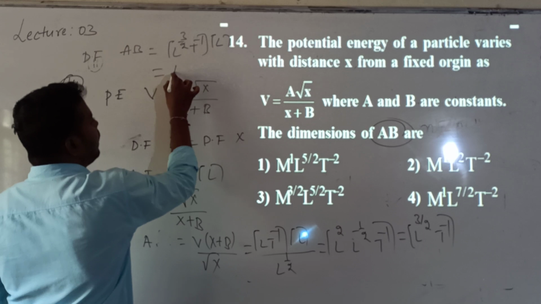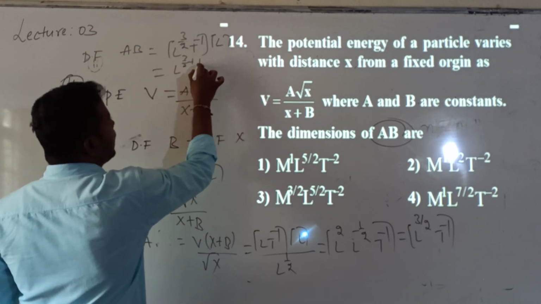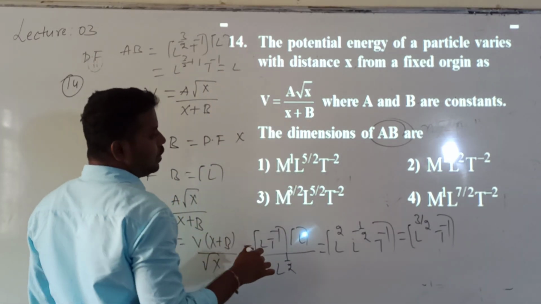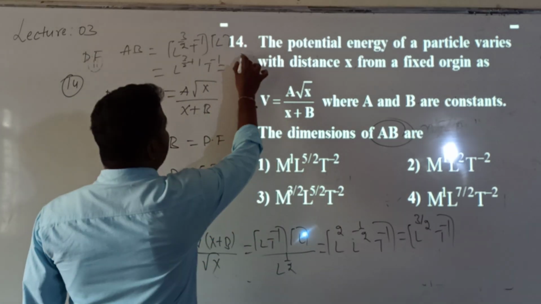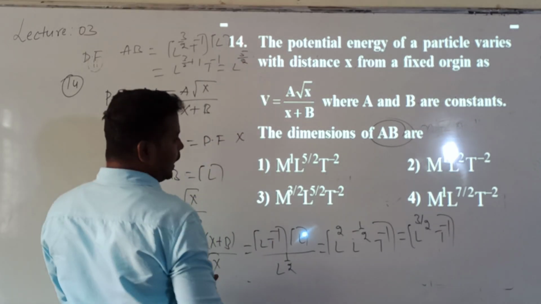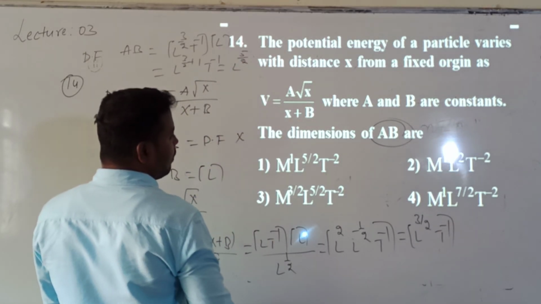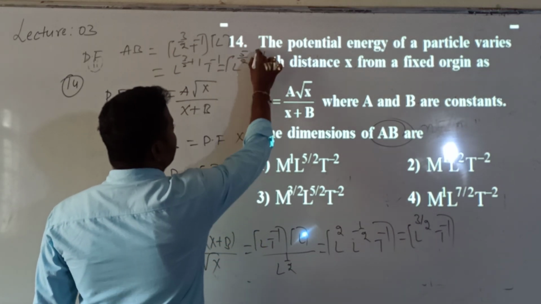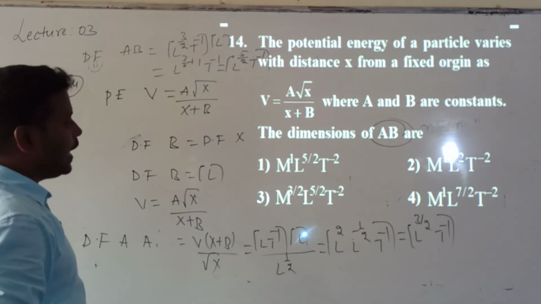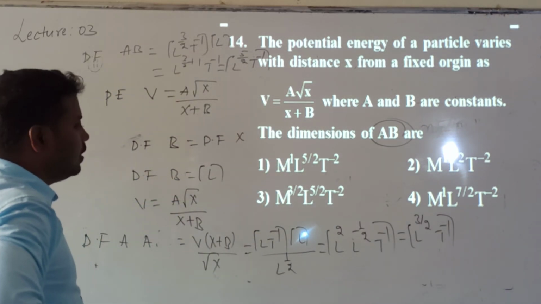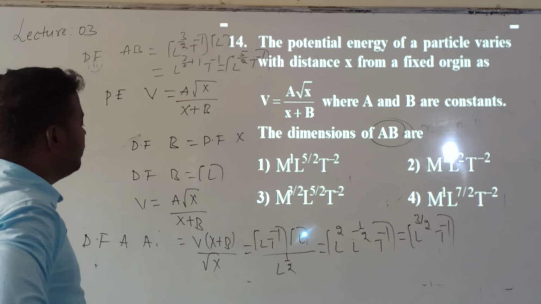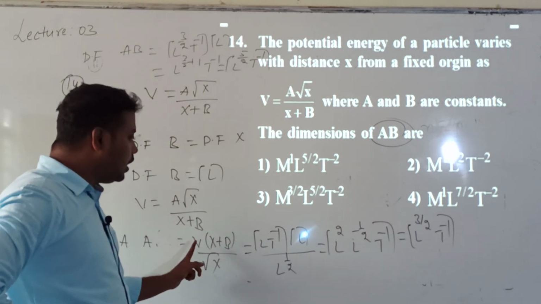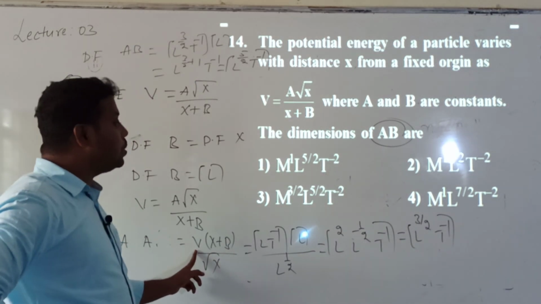So L power 3 by 2 plus 1 into T power minus 1, which is L power 5 by 2 into T power minus 1. Check it, M also will be there, where did we lose the value of M? Okay, we made a mistake here. The mistake is that V is not velocity, V is the potential here.